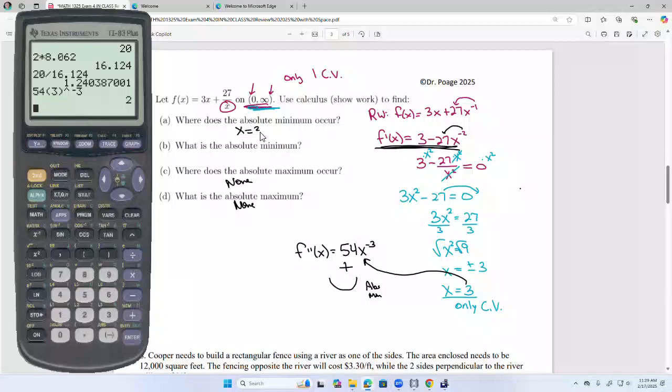That's where it occurs. To find the actual absolute min, I need the y value. So I need to plug 3 back into my original function up here. And I get 3 times 3 plus 27 over 3, which is 9 plus 9, which is 18.